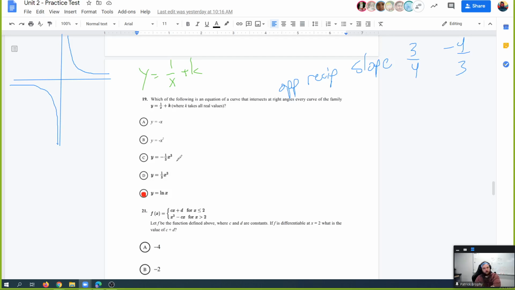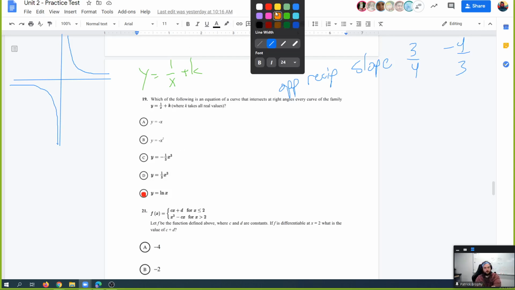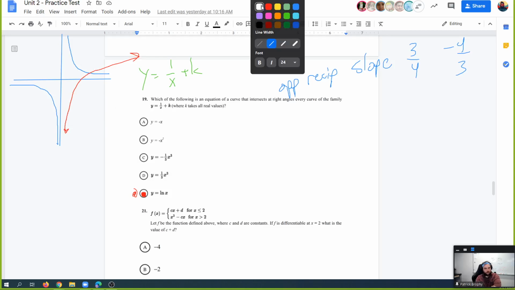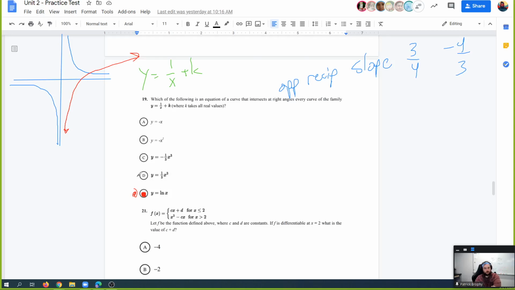Okay, natural log of x. So I'm going to color code this. This is going to be red. Natural log of x function would look like this, right? And then it intersects somewhere. This is one thing you should learn how to do, equations.